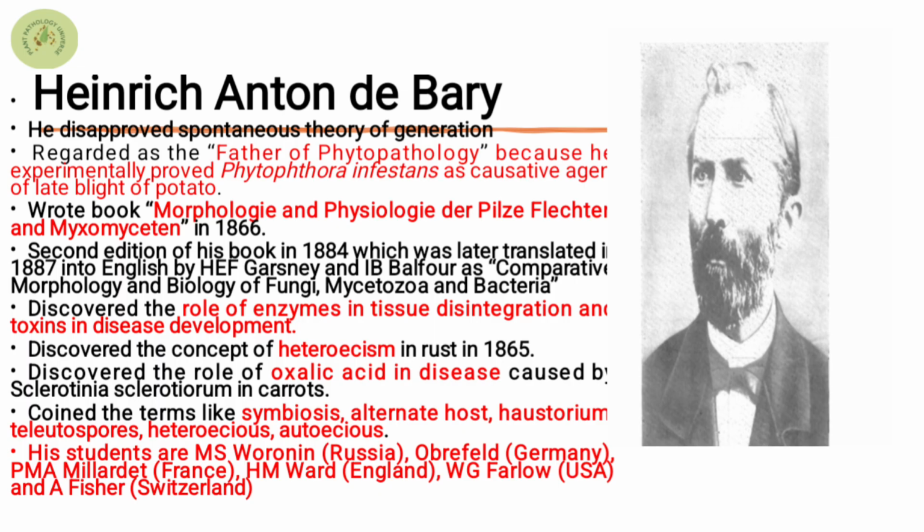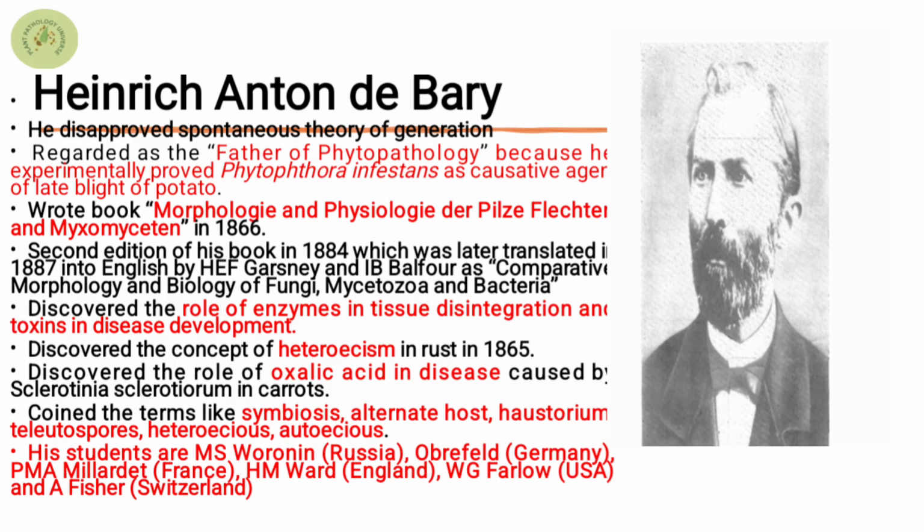There are two important books written by him. He described the role of enzymes, the role of hormones, the role of oxalic acid, and terms like symbiosis, heteroecism, alternate host, haustorium, teliospores, autoecious, heteroecious; they all were differentiated or described by him, right?